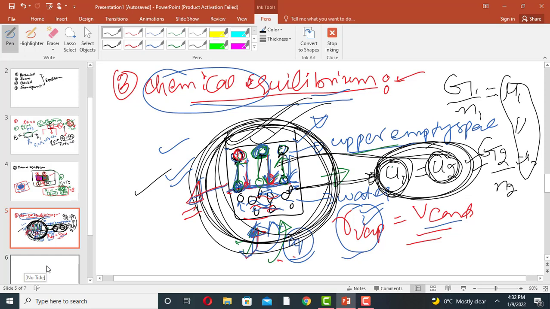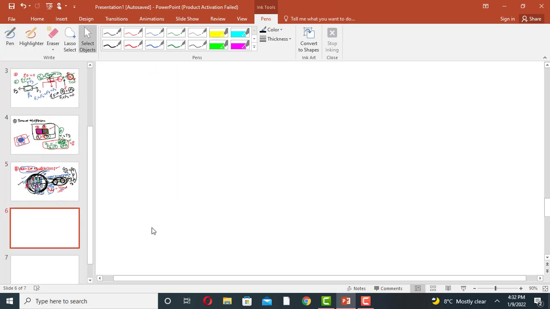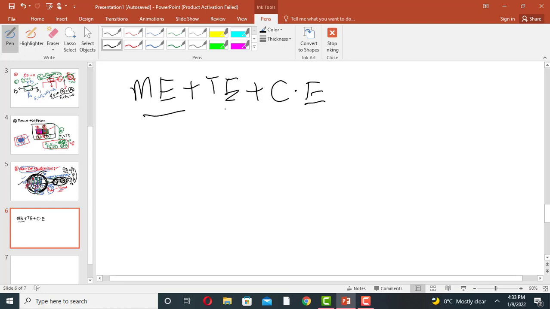Now, when the above three equilibria combine, which we discussed in this lecture, one is the mechanical equilibrium, one is the thermal equilibrium, and the third one is the chemical equilibrium, then we will get the thermodynamic equilibrium.